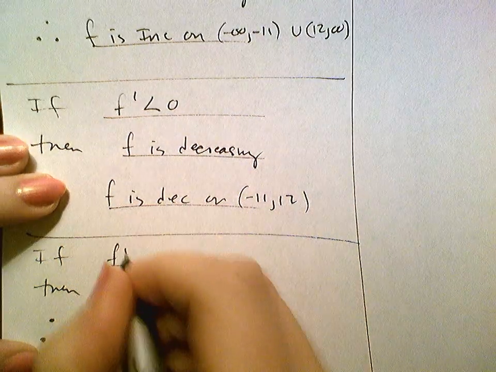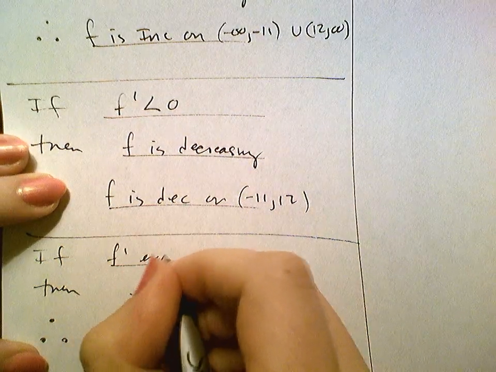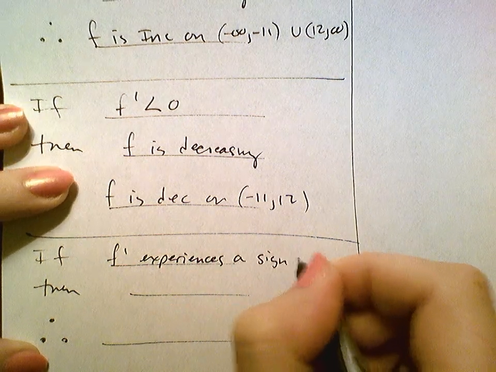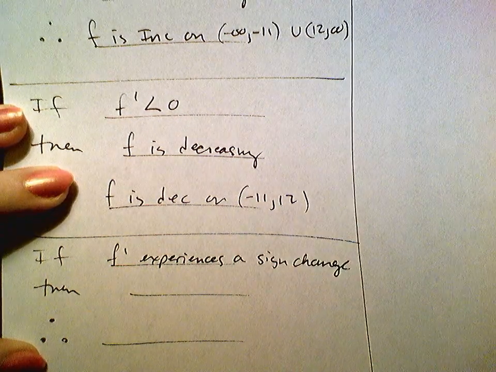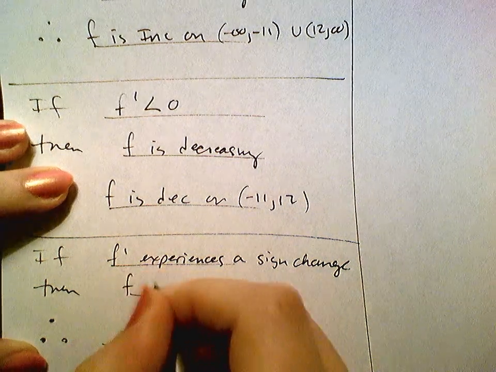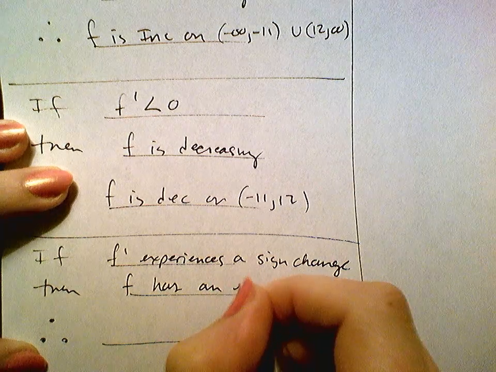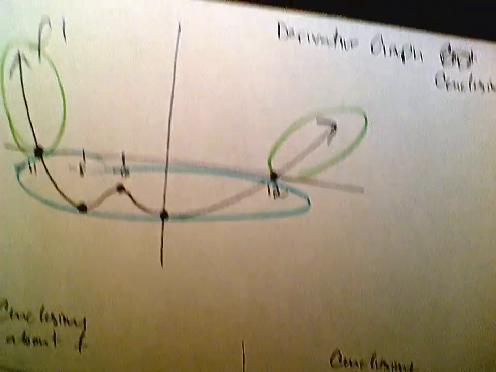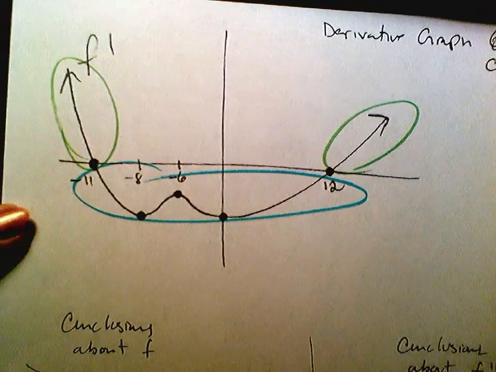So if f prime experiences a sign change, then f has an extrema. Okay, so where does f prime experience a sign change?